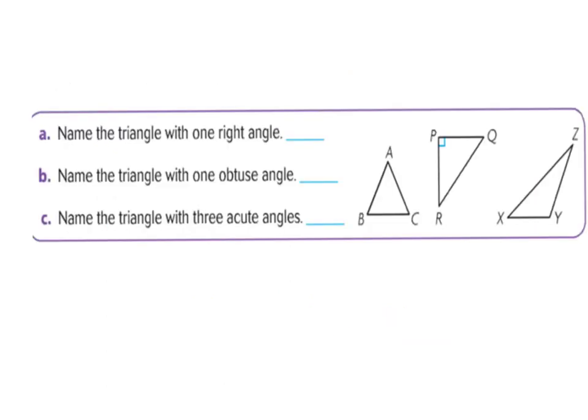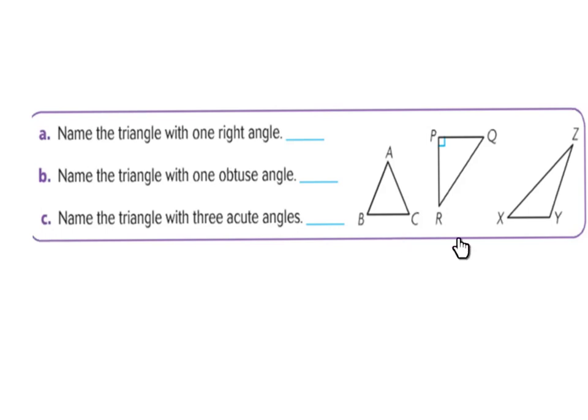Now I want you to look closely at these three different triangles here. We have triangle ABC, triangle RPQ, and triangle XYZ. I want you to answer these three questions, A, B, and C, and then see if you get it right. Question A says, name the triangle with one right angle.